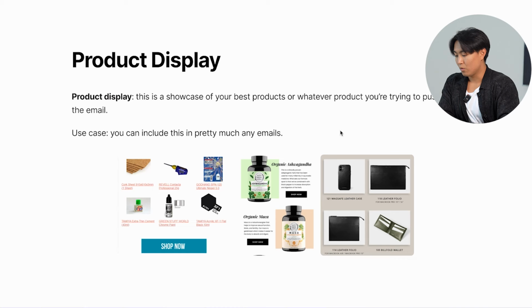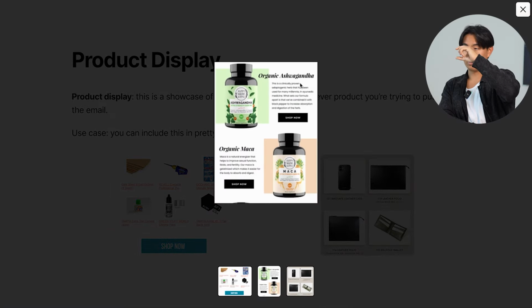This is something we want to avoid because on mobile the products are going to look too small for people to distinguish the text, etc. So you really want to pay attention to how you envision the product display block to be designed before writing the copy. Whereas this one, you can see we chose a row by row display because we wanted to add some copy to go with the actual product itself.